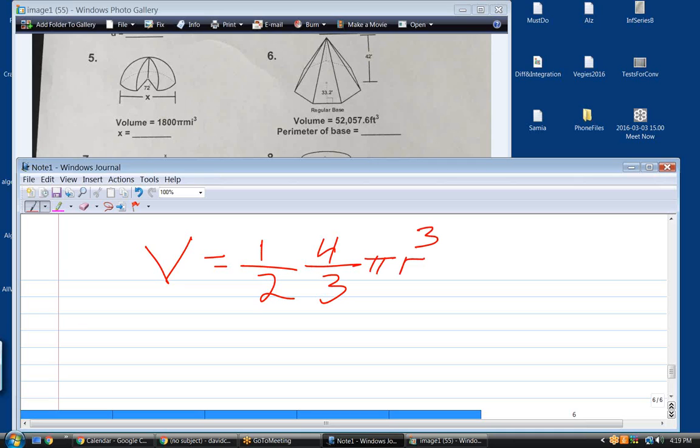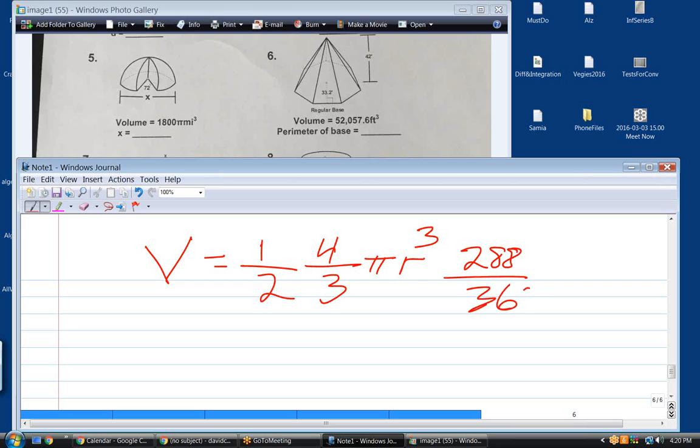Okay. Now, we don't have a full hemisphere here. What part of a hemisphere do we have? Most of one. What fraction would it be? We have 360.